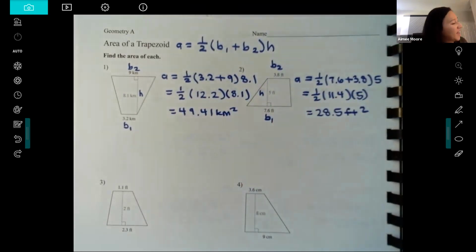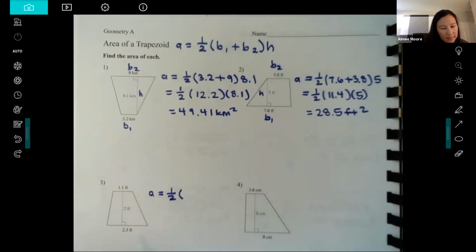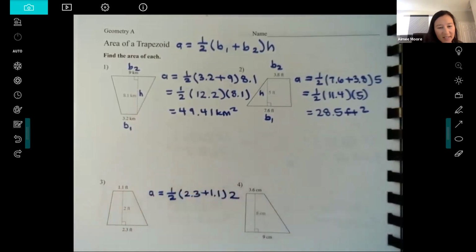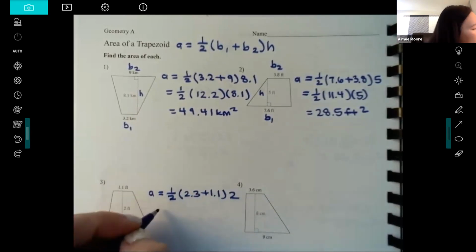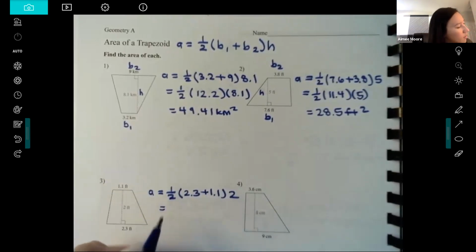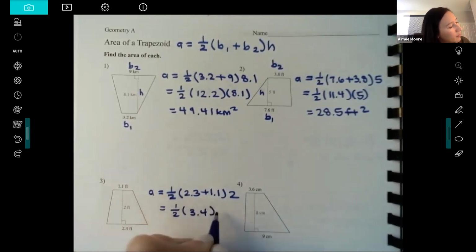You want to try number 3? Sure. Okay. 2.3, good, plus 1.1, very good, the outside times 2. Perfect. And then what are you going to write on the next step? 2.3 plus 1.1, so 3.4. Very good. Times 2. Good.